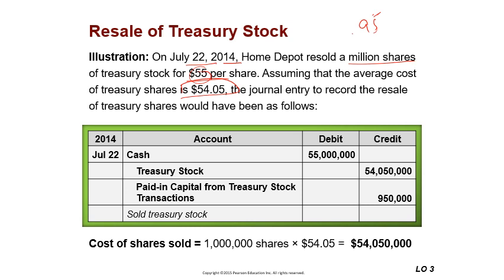So cash is 1 million multiplied by 55, so they receive cash of $55 million, and the excess over the original cost of the treasury stock is treated as a reserve. It is treated as paid-in capital from treasury stock transactions, a credit increase, right?